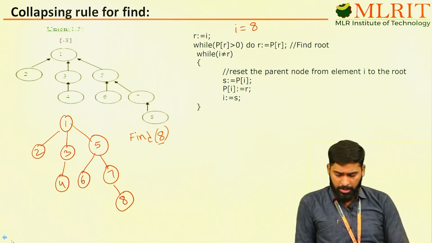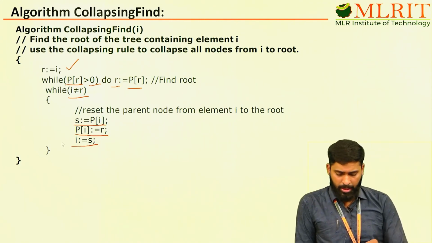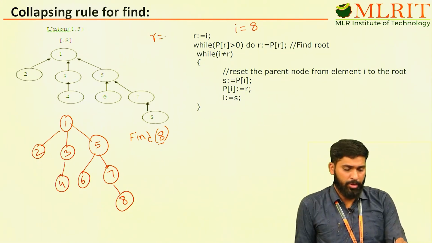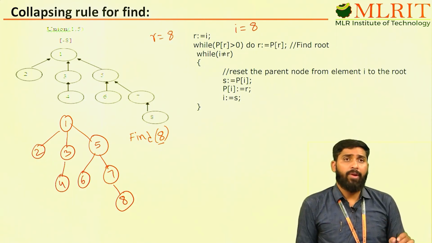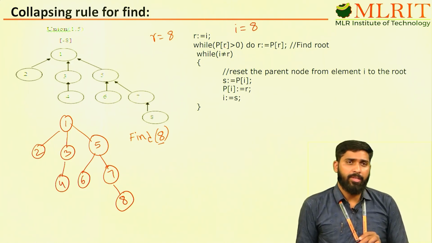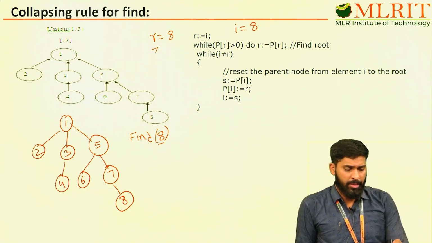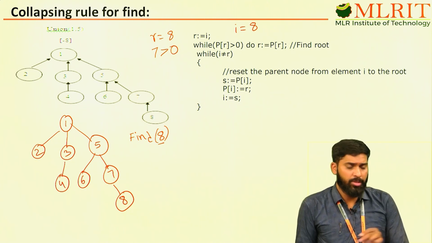So what is the first instruction? The same algorithm I represent here. R equals 8 here. While P of R, that means the parent of R, greater than 0. What is the parent of 8 here? Parent of 8 is 7. 7 greater than 0, true or false?